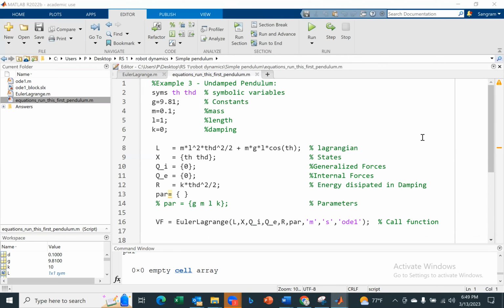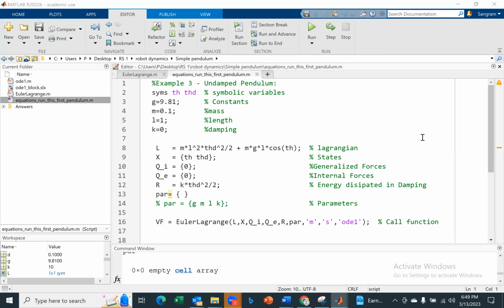Constants are the gravitational constant 9.81, mass 0.1 kilogram, the length of the pendulum is 1 meter, and the damping. For this pendulum, there is no damping, so K is equal to 0. Are you with me? These are the values. Gravity 9.81, m is equal to 0.1, L is equal to 1, K is equal to 0.